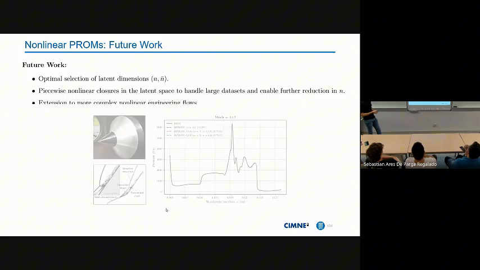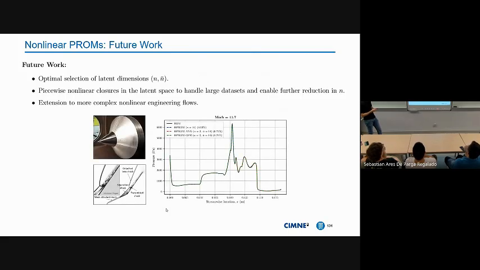As for other future work, we are now testing this technology in more complex engineering workflows. We are testing this in hypersonic cases where you have Mach numbers up to 13.